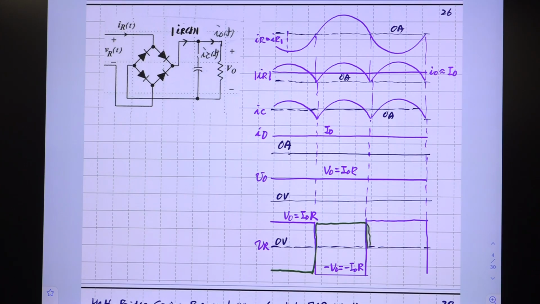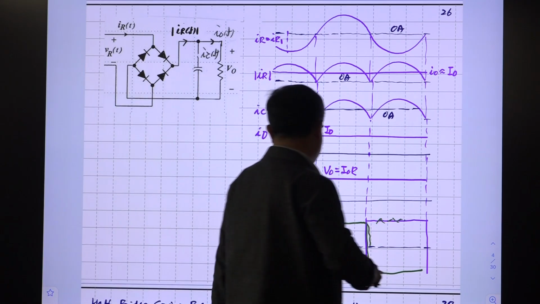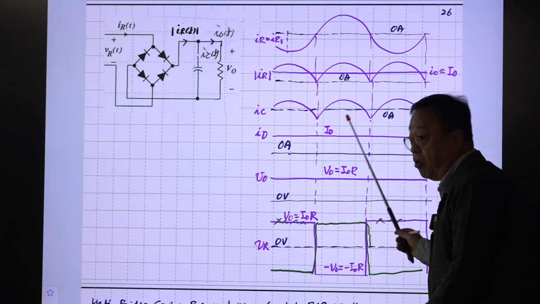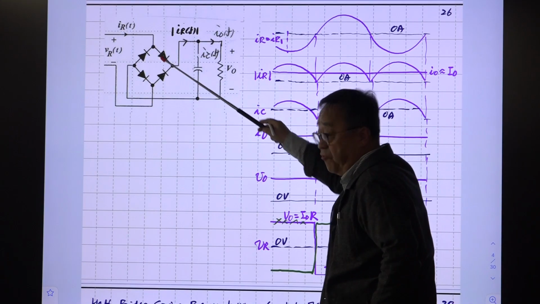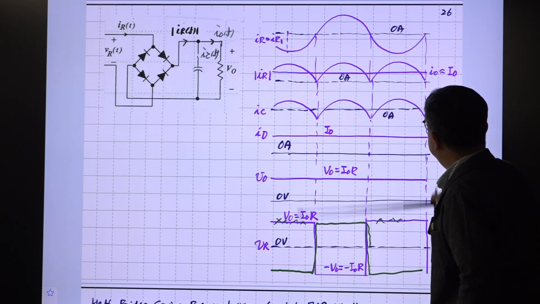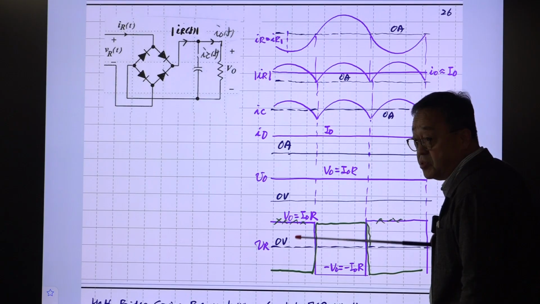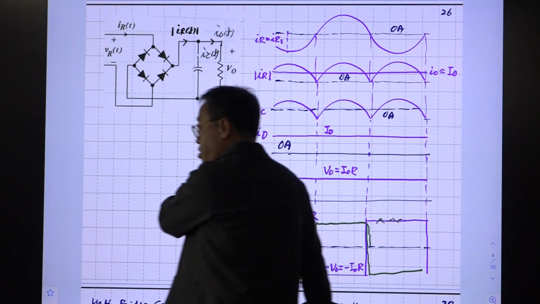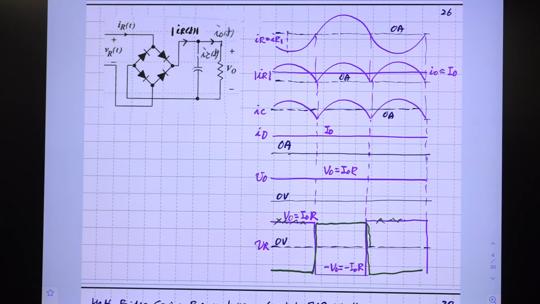Okay, so it should be something like this. All right, so this is wrong. This current, this IR, and this VR are always in phase because you have this diode rectifier. They should be in phase all the time. So you have this, and these are the circuit waveforms. And later on, we'll compare the prediction of this with the waveforms measured from the hardware. Right?